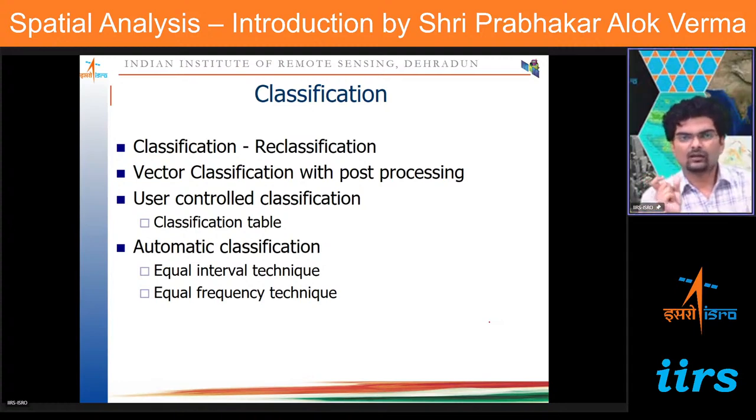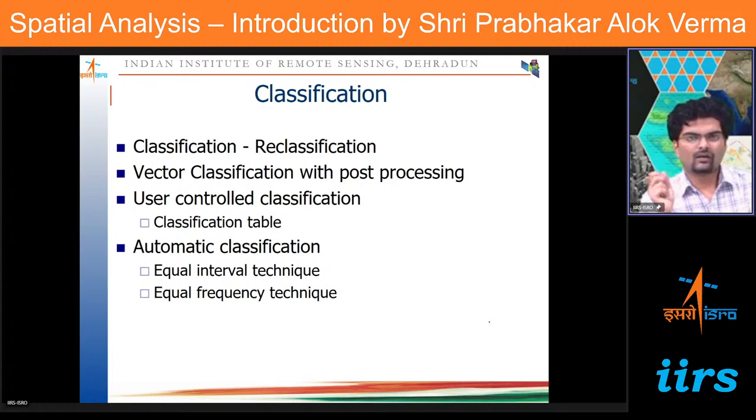So the classes range of pixel values, for example, 0 to 400 meters is low elevation region, 400 to 1000 meters belong to medium elevation region. So if these class intervals are created manually, then it is manual classification method.